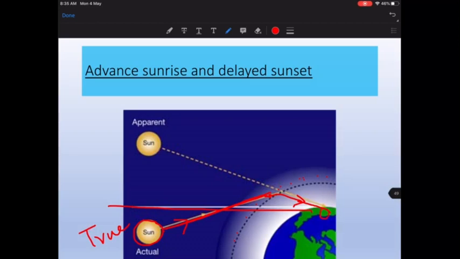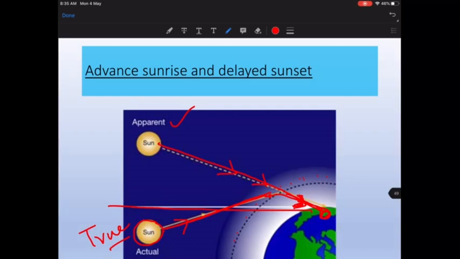Now, if we are standing here, it appears to us that the light is coming from this direction only, which is the last direction of the path of the light. So we see this apparent position here. The actual position is way below the horizon, but the apparent position, what we see, is above the horizon.